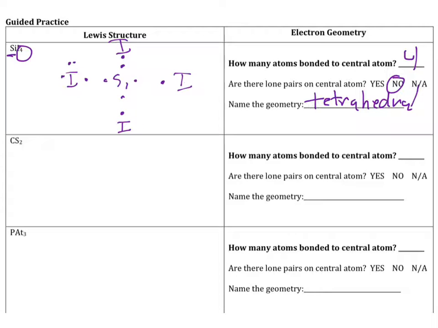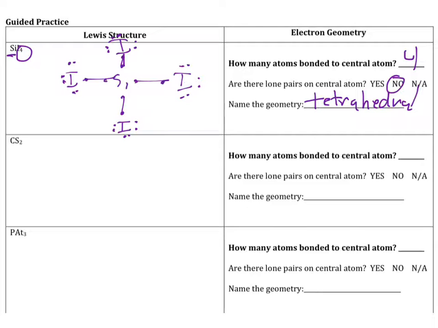And then we got lone pairs on these guys as well. A lot of dots, and there's a bond here, here, here, and here, and that would make a tetrahedral shape.